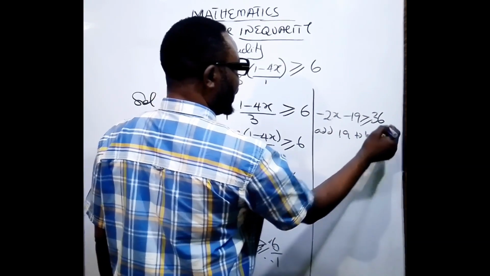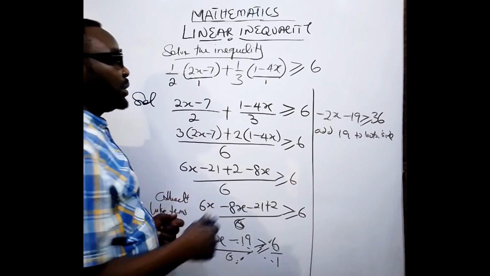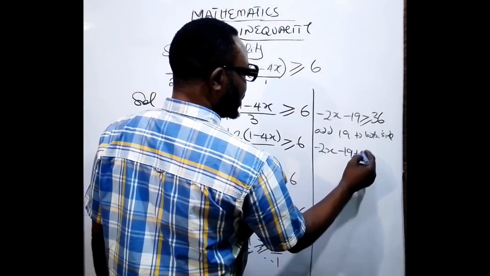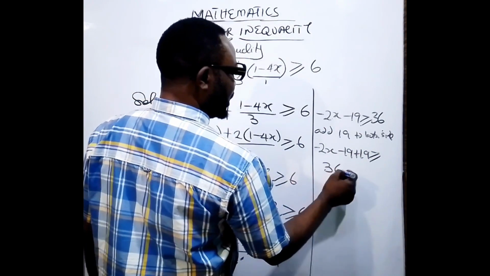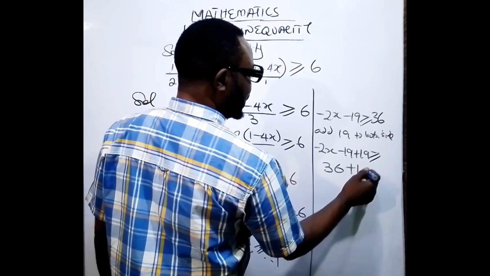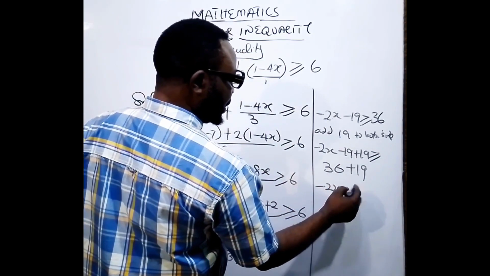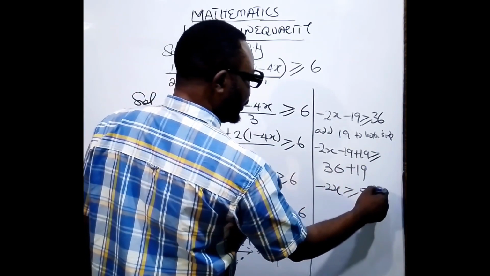Don't forget that when we add the same value to both sides, the sign will remain unchanged. So we are going to have minus 2x minus 19 plus 19 is greater than or equal to 36 plus 19. So we are going to have minus 2x is greater than or equal to 36 plus 19, which will give us 55.